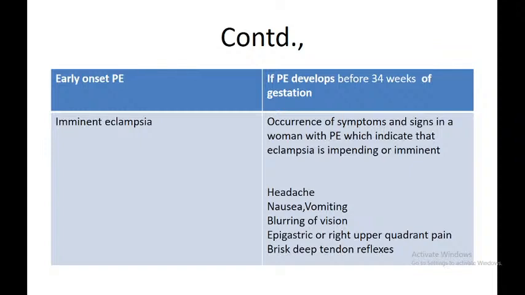So in a woman already diagnosed with pre-eclampsia, if she has any of these signs and symptoms, we call it imminent eclampsia, because these signs and symptoms indicate that the woman might throw a convulsion or a seizure. So at every visit in a woman diagnosed with pre-eclampsia or hypertension, we need to always inquire whether she has any of these signs and symptoms which indicate that eclampsia is impending or imminent.